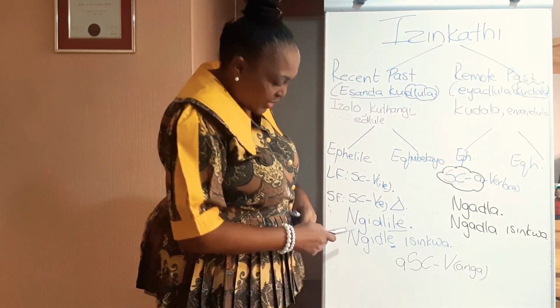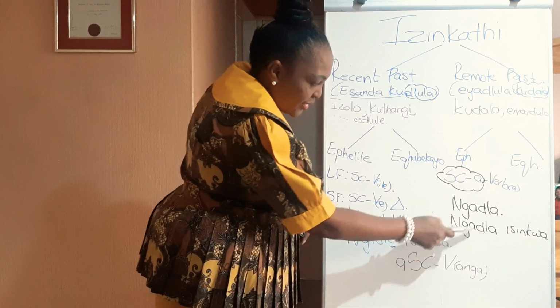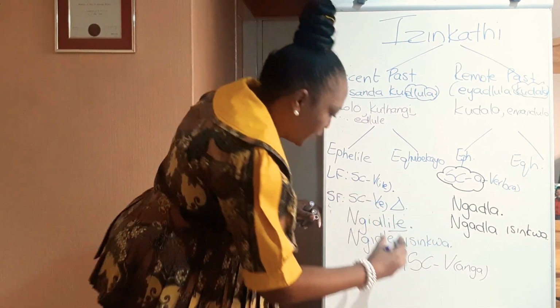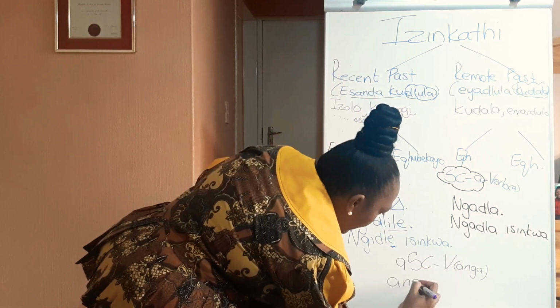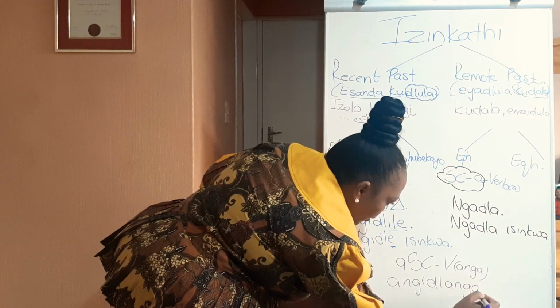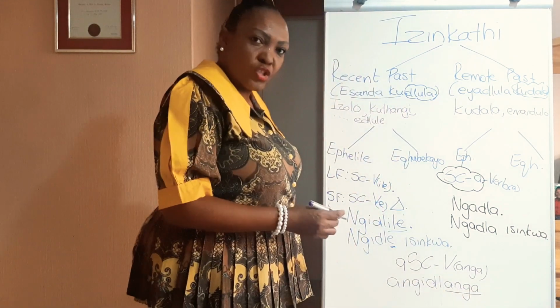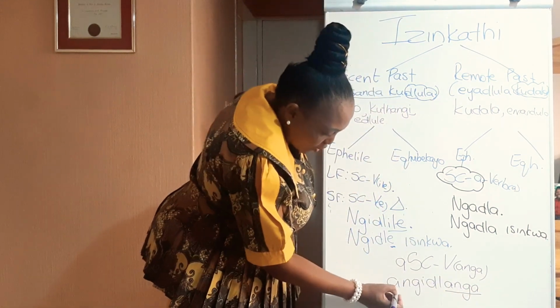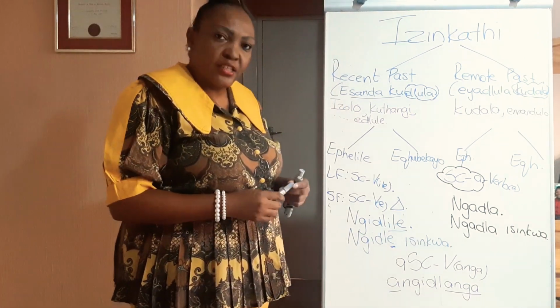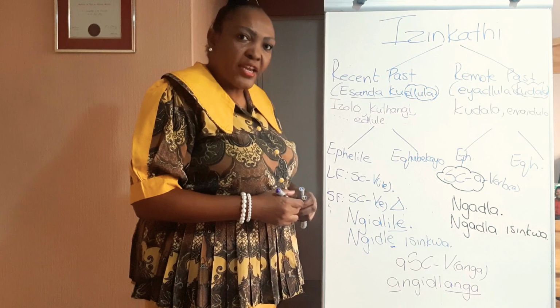So when you negate ngidlile, you're going to negate it the same way as you would have negated ngadla. So the negative of ngidlile would be angidlanga. So there is your anga there that tells us that you're talking about remote past, and there is your a that says you're talking about a negative subject concord or a negative verb.